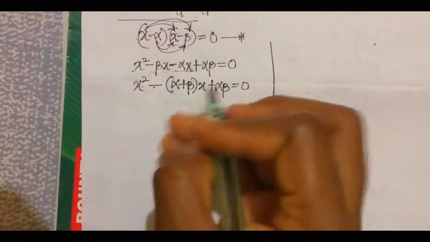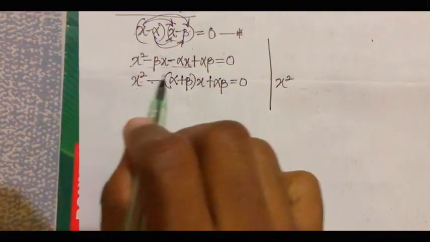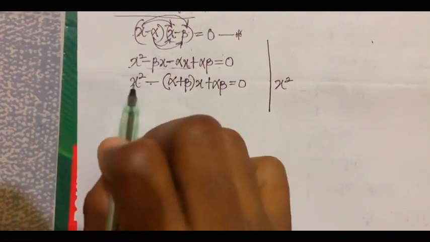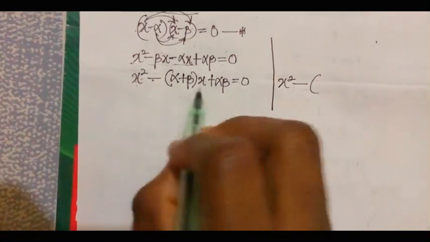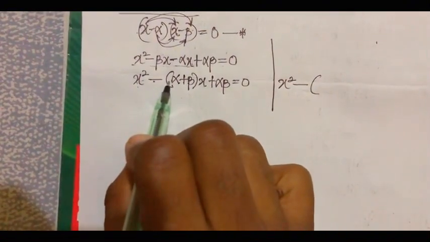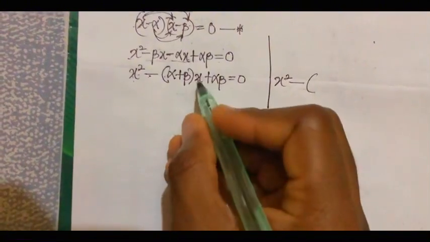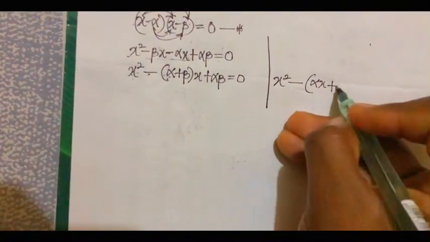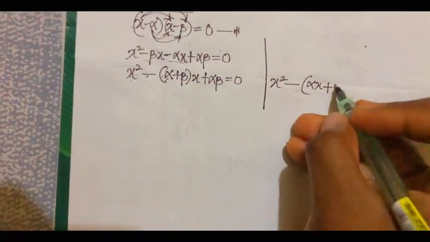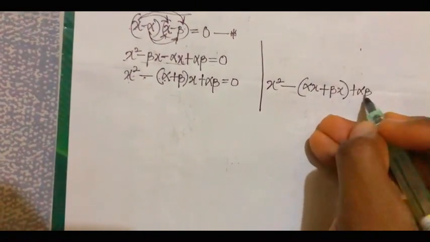Let's try it. I will have x squared, then minus, open my bracket. Let me multiply everything inside first: x multiplied by alpha gives alpha x, plus x multiplied by beta gives beta x, close the bracket, plus alpha beta.